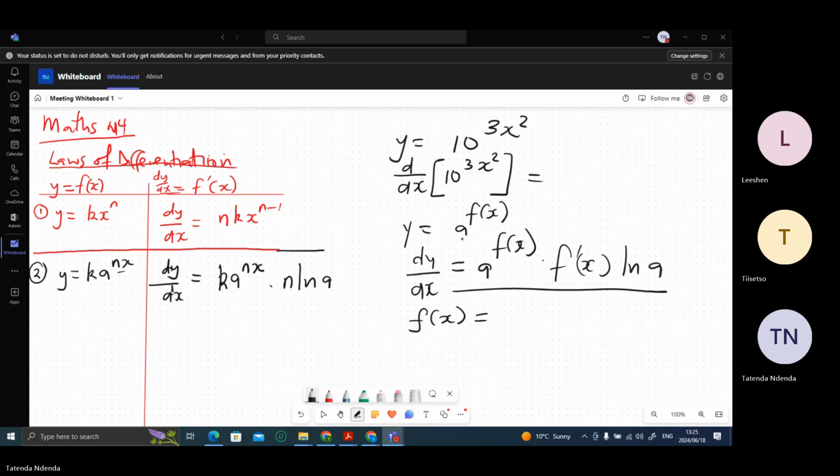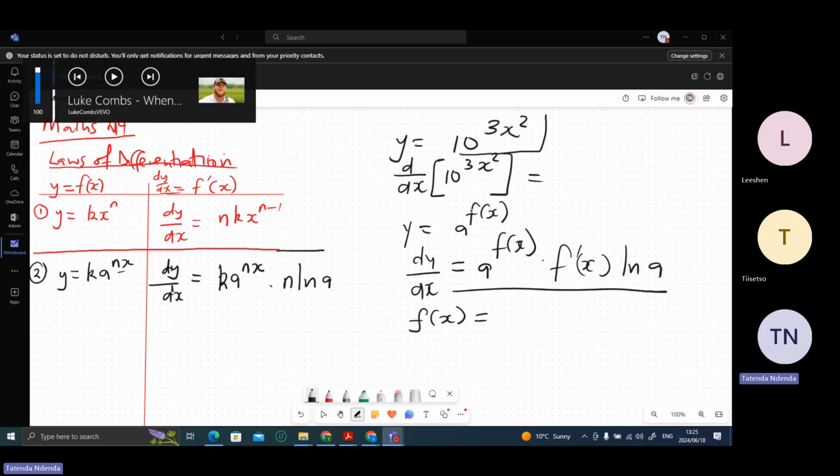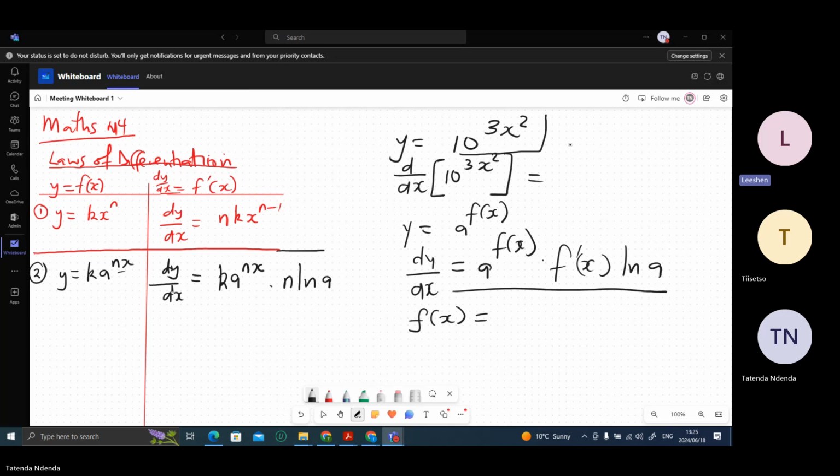Are we here by y equals a to the function of x? If we differentiate that, yes, that's where we are. But isn't the answer then what you just wrote there, a to the fx minus 1 multiplied by fx ln a? So you know what I wanted only from you. I didn't want the whole answer. I just wanted the function of x. Remember, the function of x is the value which is being raised by a.